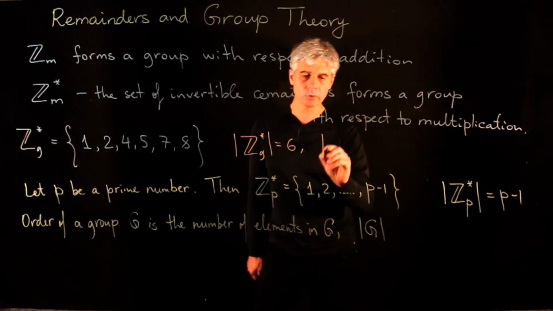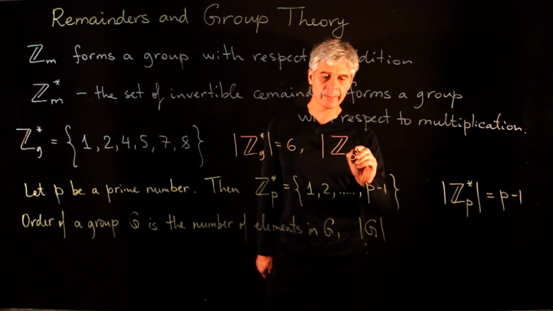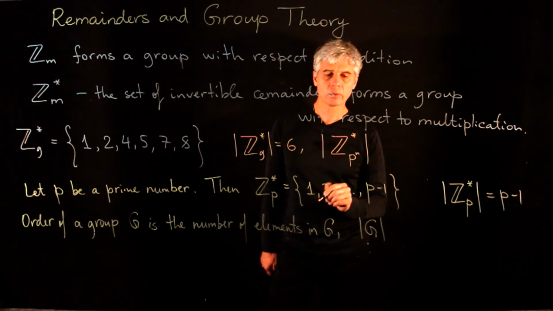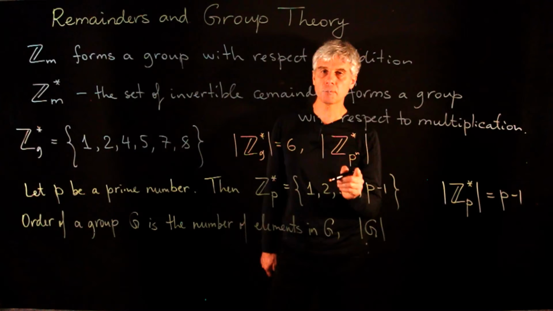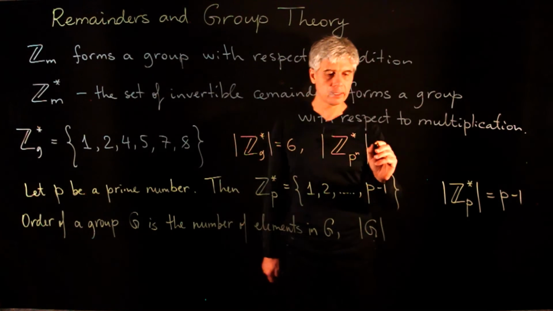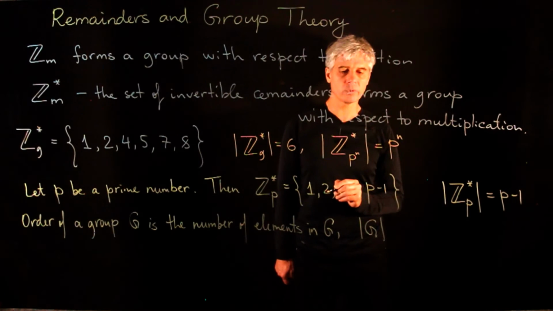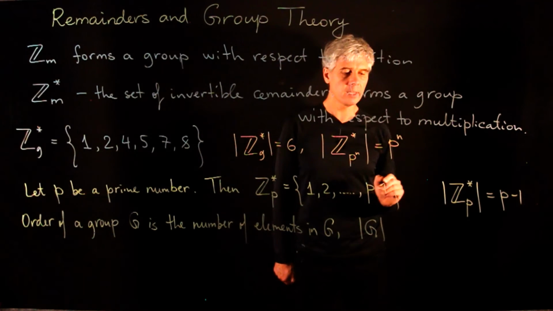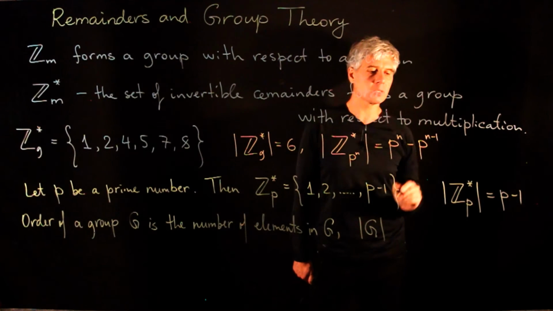And in general, what's the order of Z P to the n multiplicative? Here we need to exclude remainders that are divisible by P. And so it's clear that the total number of remainders is P to the n, and the number of remainders that are divisible by P is P to the n minus 1.